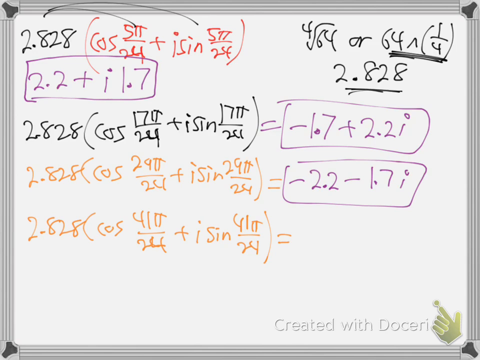I'm getting 1.7 again. And 2.828 times sine 41 pi divided by 24 minus 2.2i. Whew, there they are. 4 answers, 4 screens. Those are the fourth roots of that original complex number.